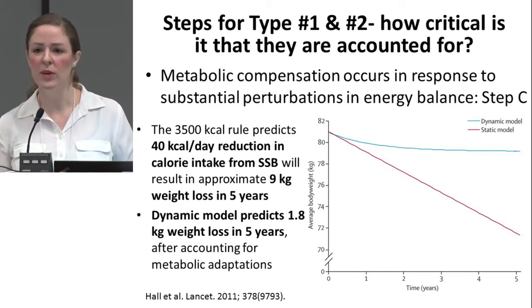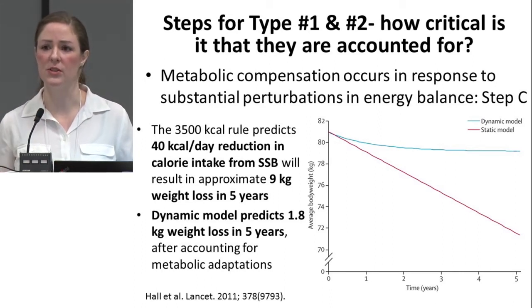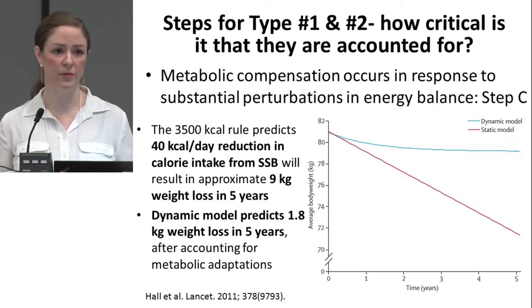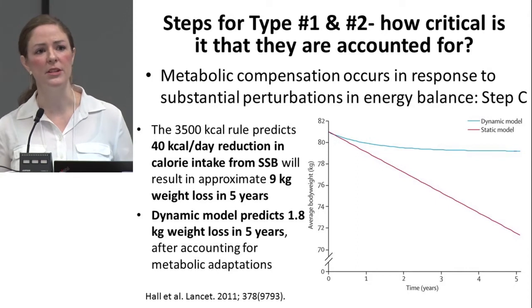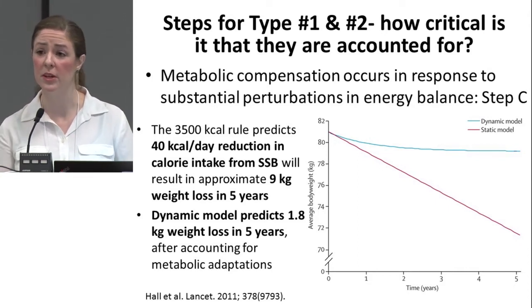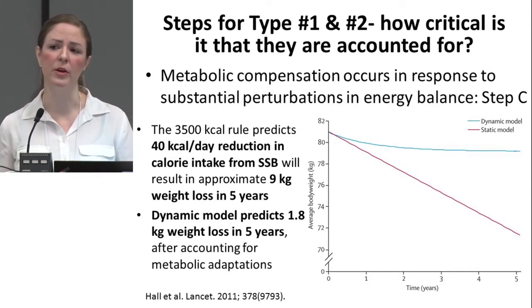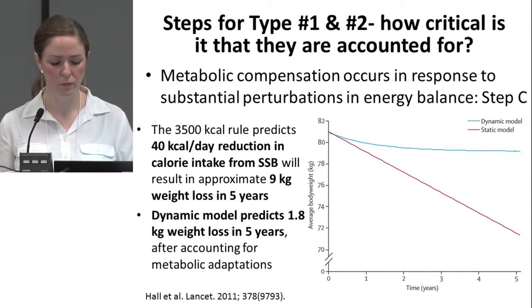So that's when we account for those metabolic compensations. For example, when body weight is lost, we need less energy to support the lower energy stores, and there is an increase in the efficiency of metabolic rate as we lose body weight.